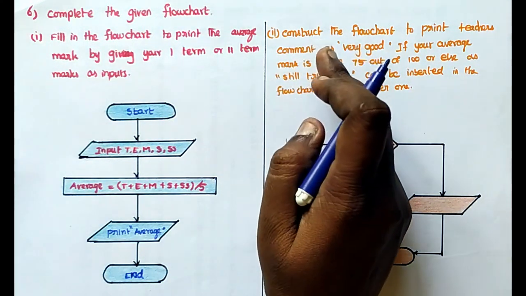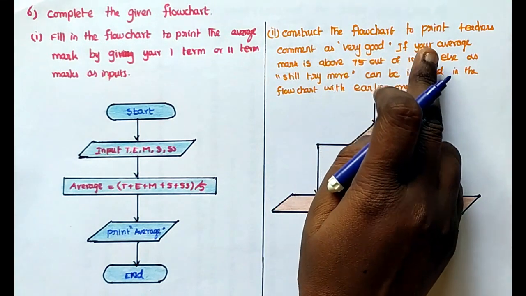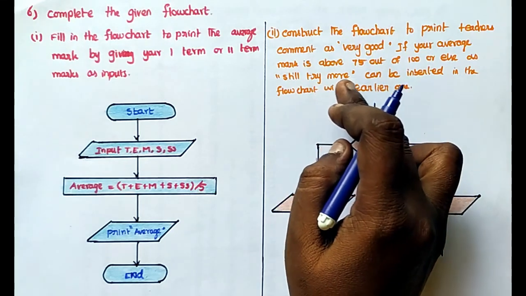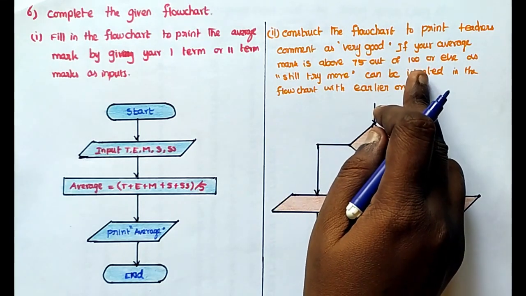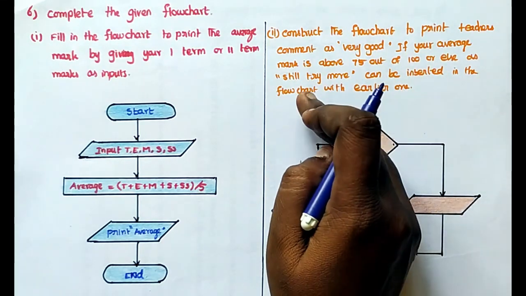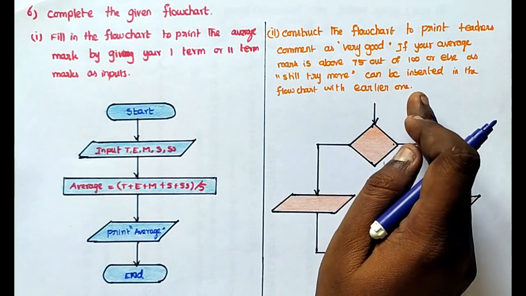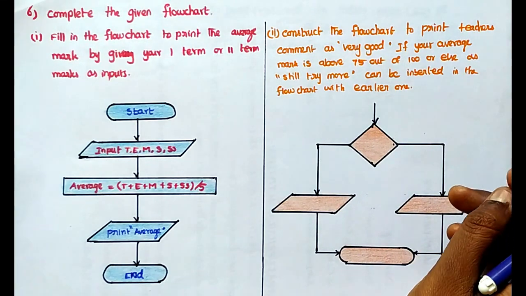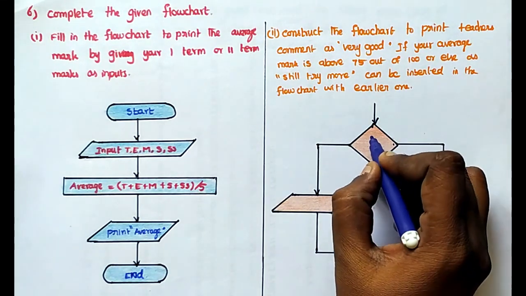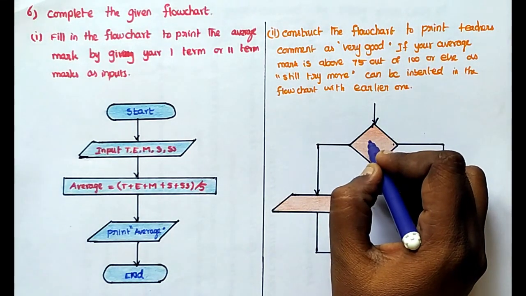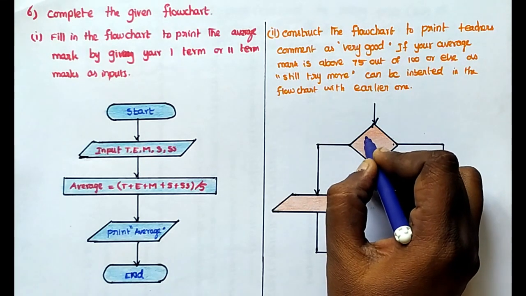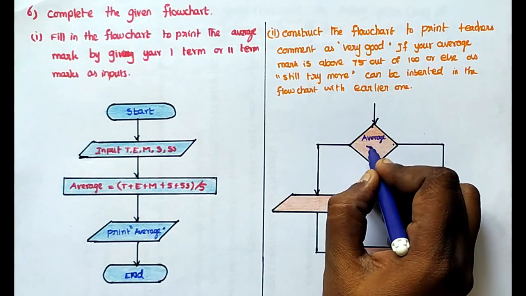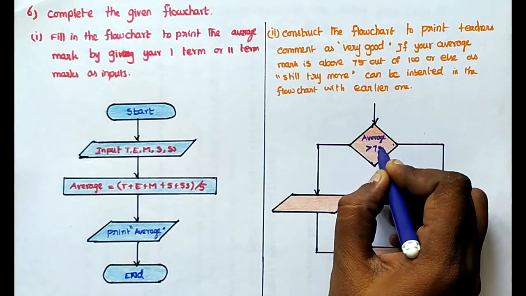Next subdivision. Construct the flowchart to print teacher's comment as very good if your average mark is above 75 out of 100, or else as still try more, can be inserted in the flowchart with the earlier one. Listen, if your mark is average above 75, above 75 means greater than 75.